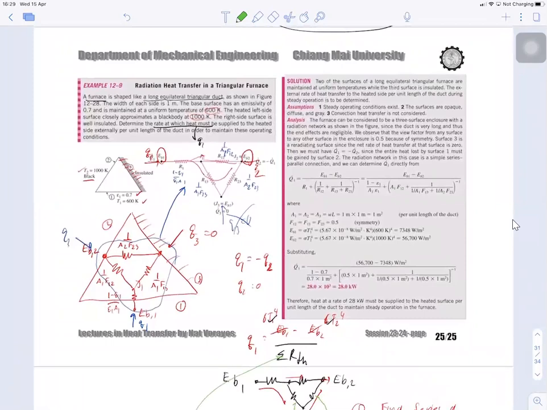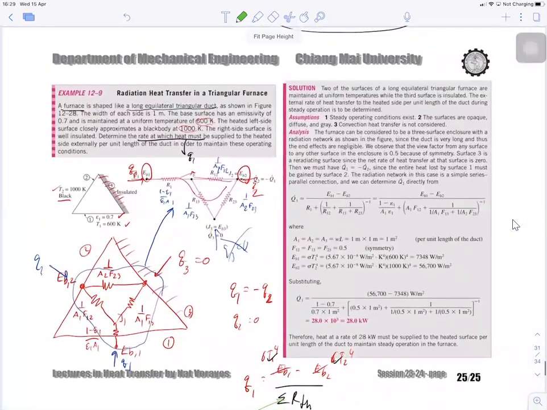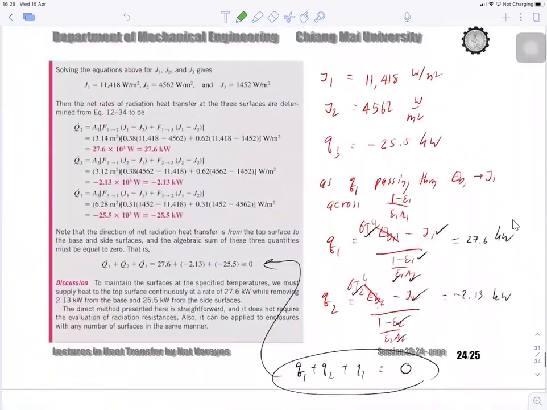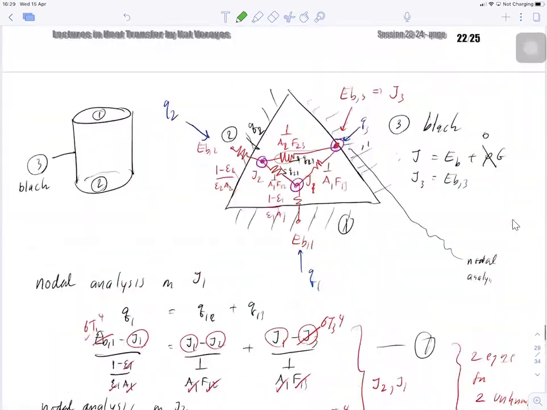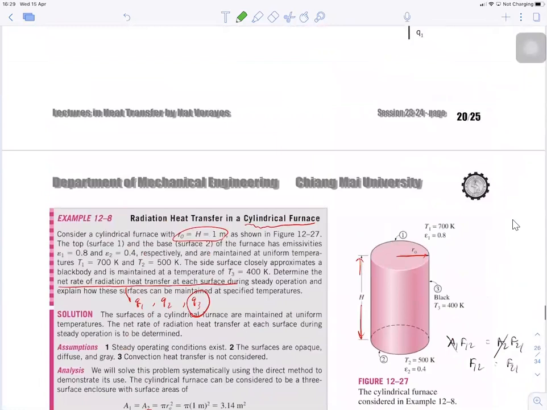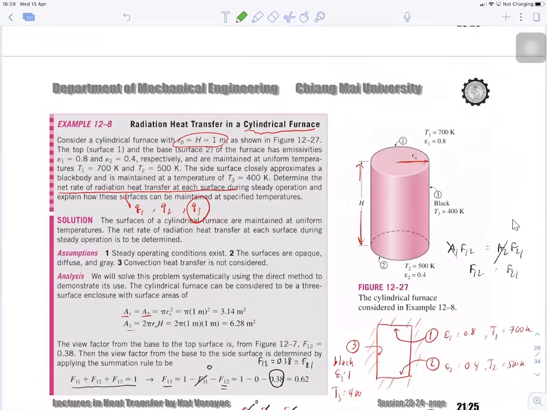If there is a final exam, it might be a little bit different from example 12.9 and example 12.8. But for 12.8 and 12.9, you need to understand how you got the final answer. The final exam might not look 100% similar to what appears here. Things might be a little bit changed, but you know how to go.